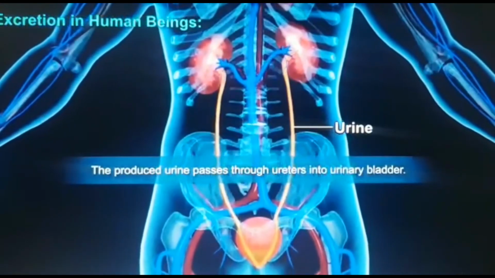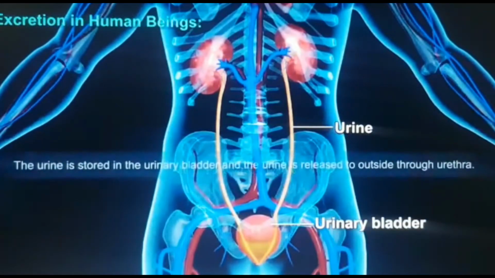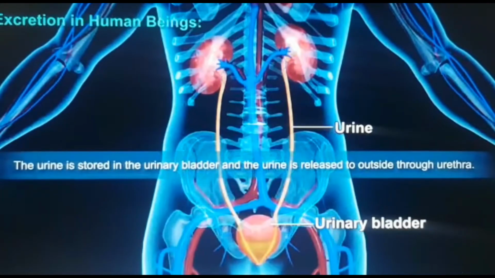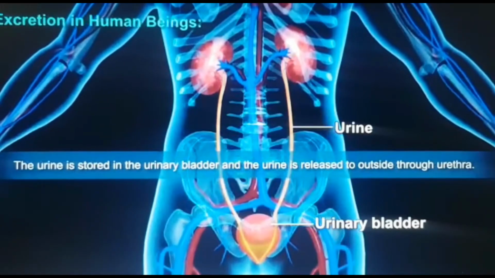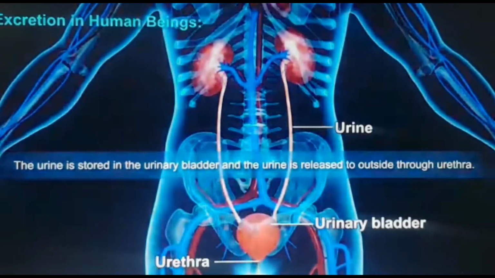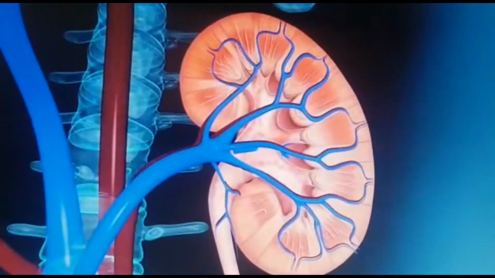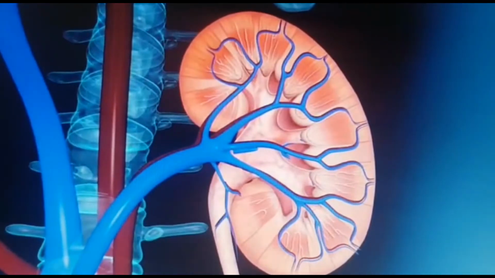The produced urine passes through ureters into urinary bladder. The urine is stored in the urinary bladder and the urine is released to outside through urethra. Now, let us learn how urine is produced.